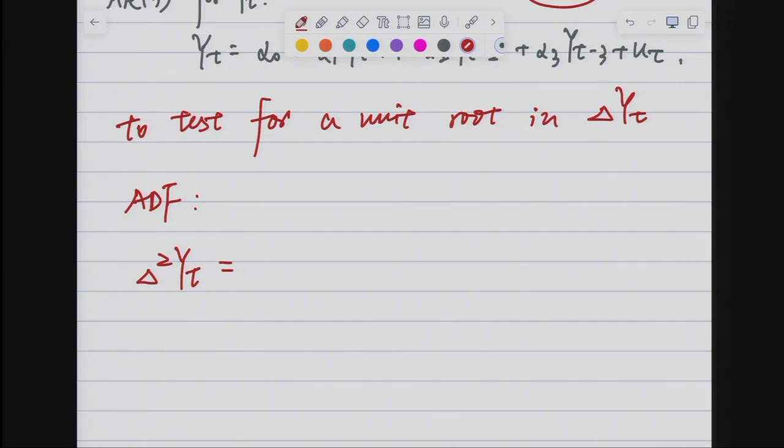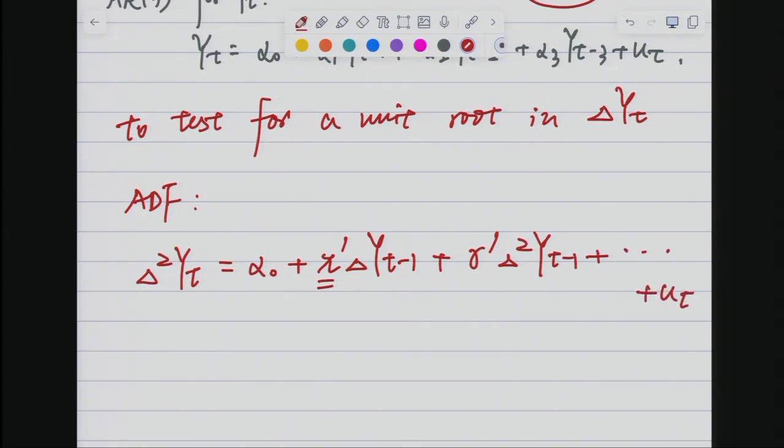And then we also have an intercept, and then we'll have the pi, which is a slightly different pi. Let's call this pi prime, and that is multiplied by the delta yt minus 1. And then you add, let's say, gamma prime times delta square yt minus 1, maybe plus another lag, and plus the error term. This is the ADF for testing a unit root in the first difference.